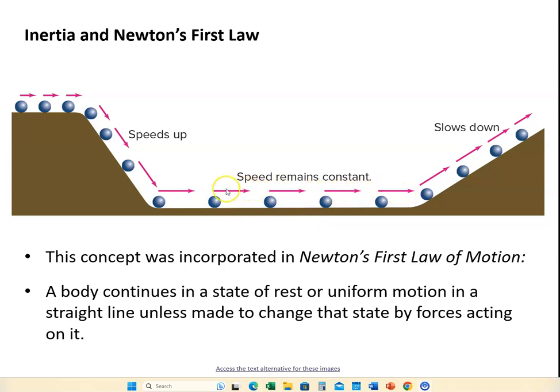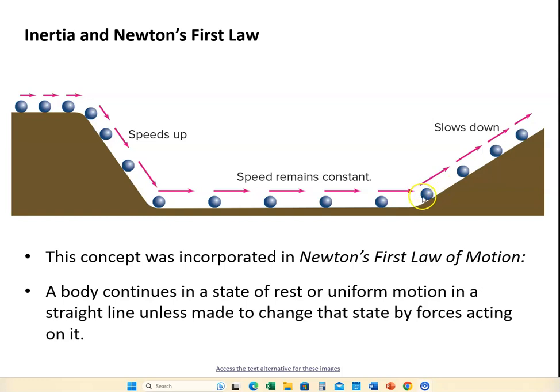These lengths are exactly identical. Then it starts to go up the inclined plane. And by the way, this is almost exactly Galileo's experiment. Newton performed these experiments as well, but Galileo had done it first.